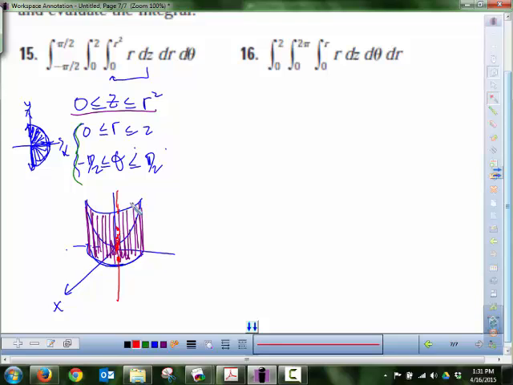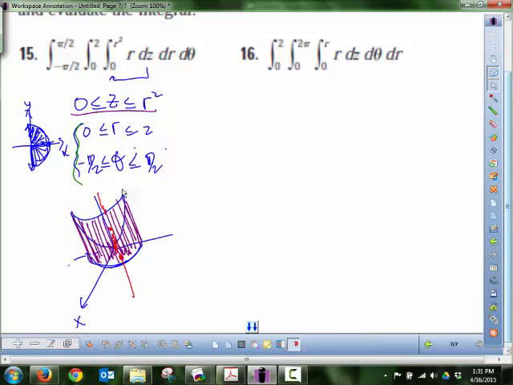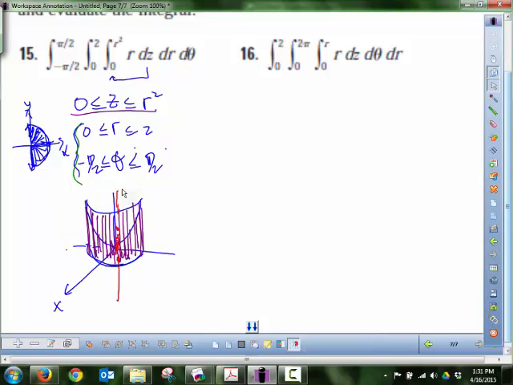So it's actually the outside of the paraboloid, the shadow that it makes on the xy plane. Too bad I can't just turn this, huh? I could pretend to turn it. So I just want the outside part of the paraboloid that goes underneath going towards the xy plane.